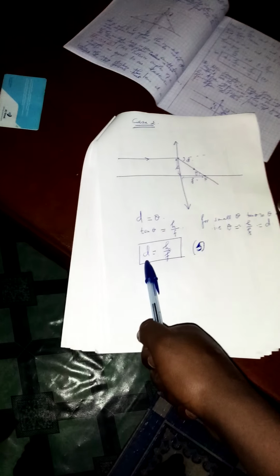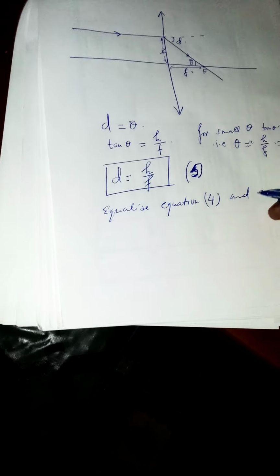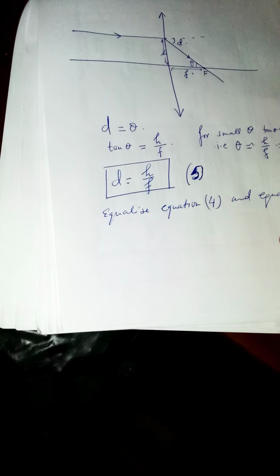So these two equations are the important thing here: the deviation. And this deviation in the first case and second case are the same. It means that in order to find the lens formula, we have to equate these two equations, equation number 4 and equation number 5.